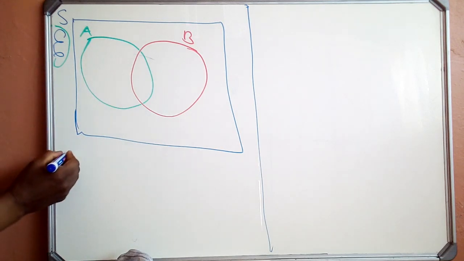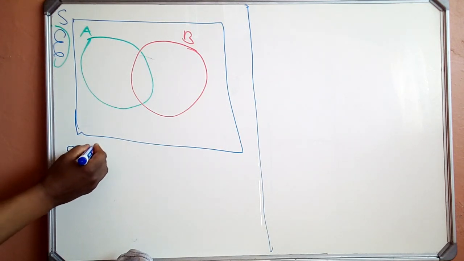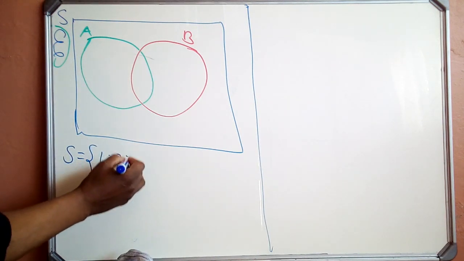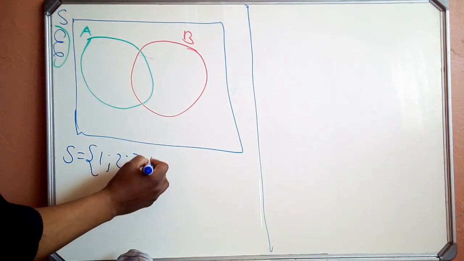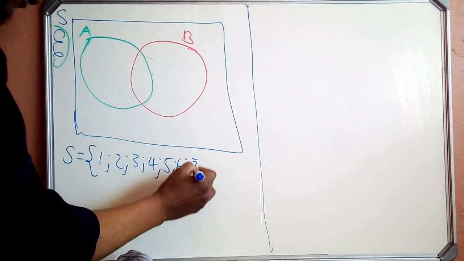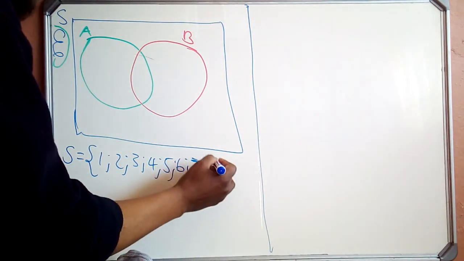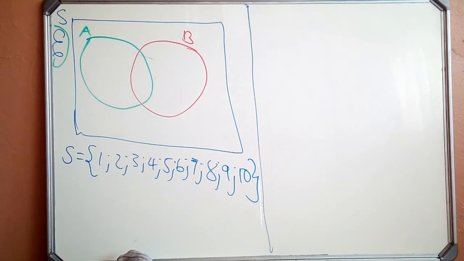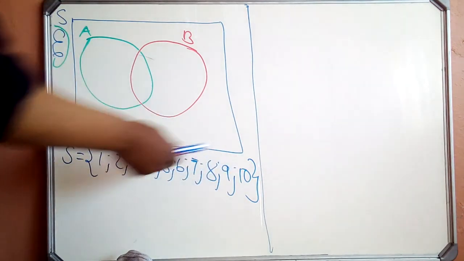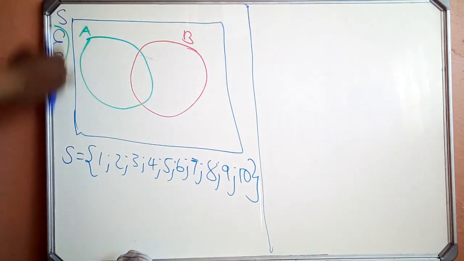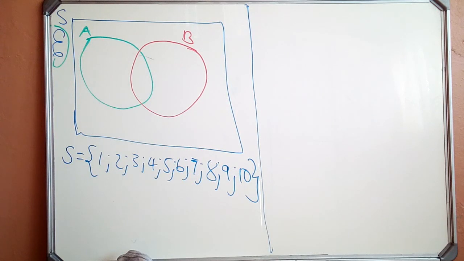In our sample space S, the set is 1, 2, 3, 4, 5, 6, 7, 8, 9, 10. The numbers 1 to 10 are our sample space, so all these numbers have to be within that sample space.